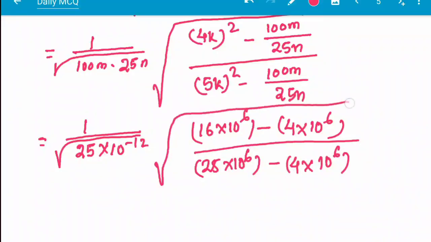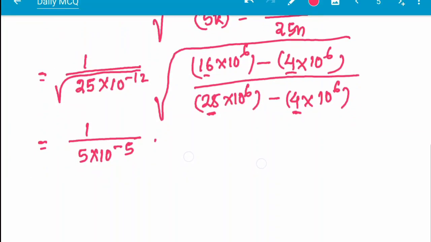So it will be 1 by 5 into 10 to the power minus 5, into root over of 16 minus 4, which is 12, by 25 minus 4, which is 21. The 10 to the power 6 in both numerator and denominator will be cancelled out.